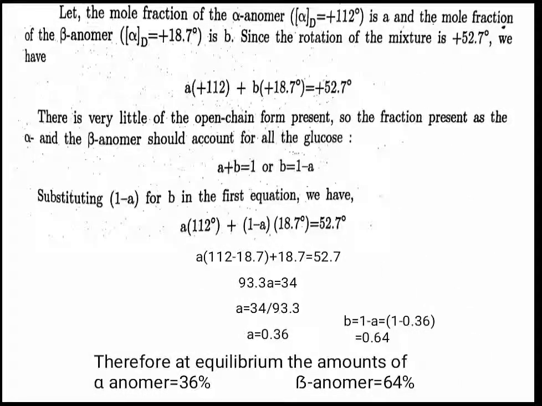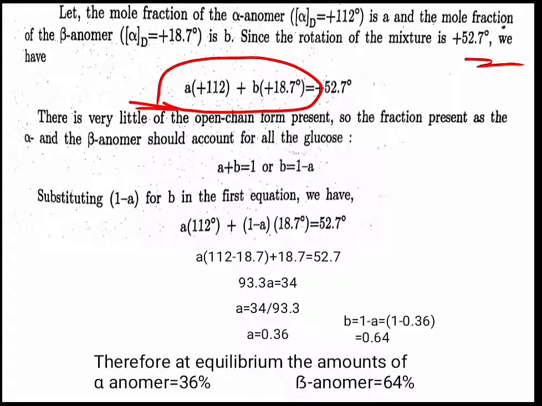Let the mole fraction of alpha anomer be A and the mole fraction of beta anomer be B. Since the rotation of the mixture is plus 52.7 degrees, we can write A into 112 plus B into 18.7 equals 52.7. This A is not actually 36 or 64, it will be a fraction smaller than 1.